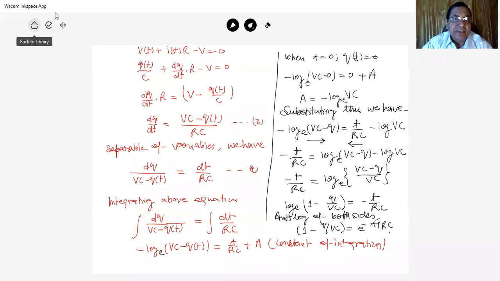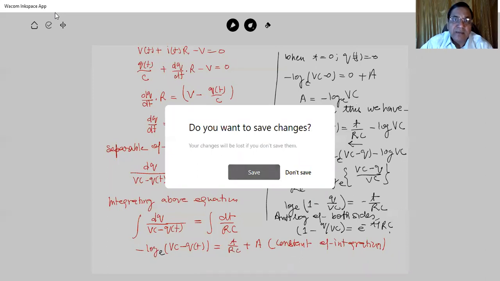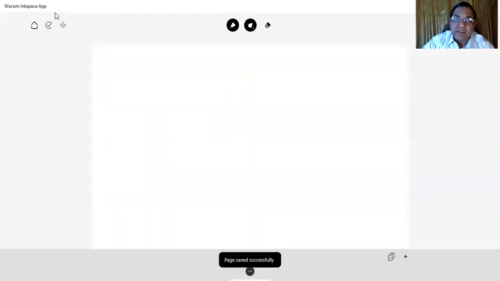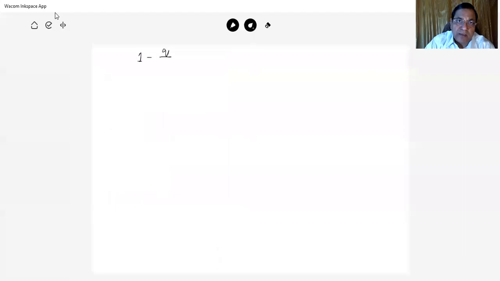So q upon Vc is equal to 1 minus e raised to the power minus t upon RC.